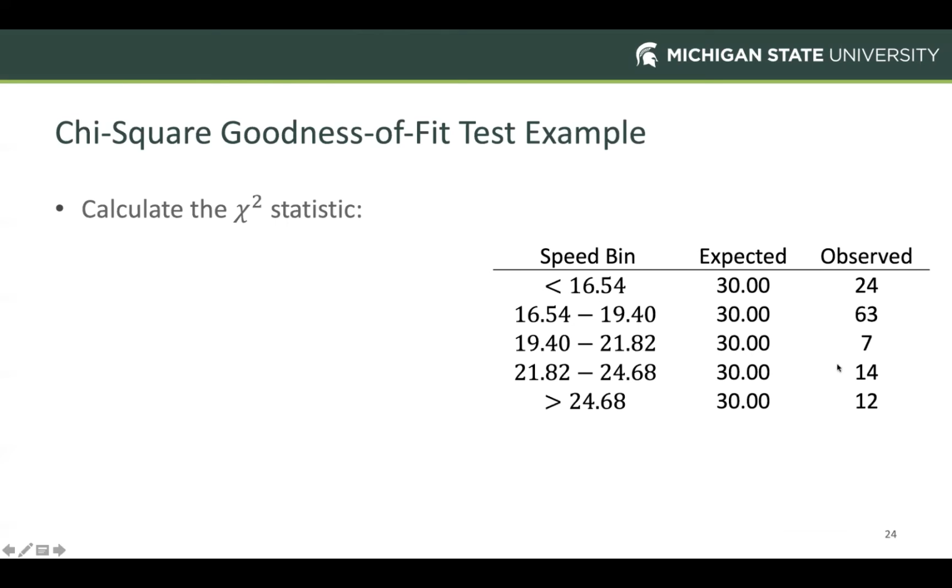As you can tell from looking at the way the data are distributed here, we have some fairly substantial deviations once we get beyond that first bin. So we're going to work through bin by bin here and calculate the individual contributions of each of these to the chi-squared statistic. As a reminder, the way we conduct this test, we take each of our 5 bins, or each of our K bins, and we take the observed number of observations in each cell minus how many we would expect to see.